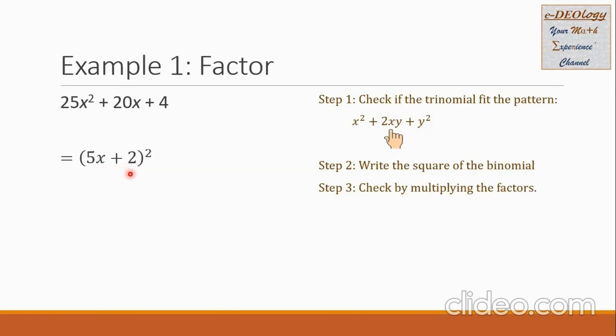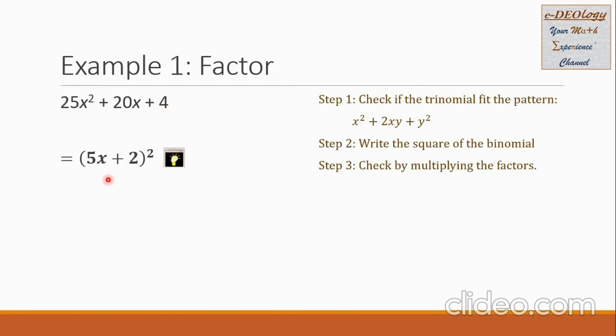If I square 2, that is equal to 4, and that is the third term of the trinomial. Now I will multiply 5x times 2 and times 2, and that is equal to 20x. So the square of 5x plus 2 is our final answer.